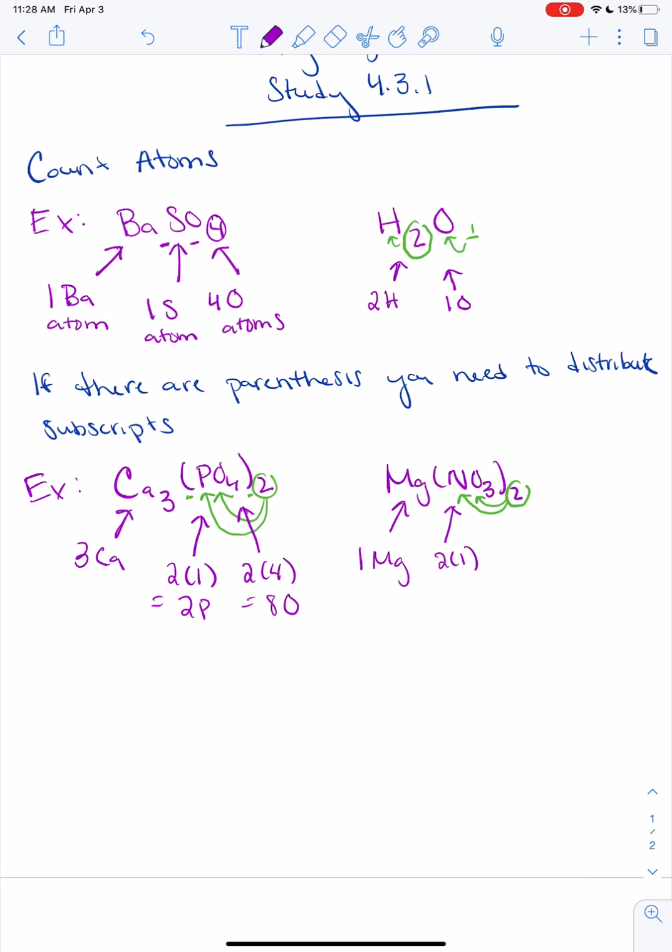So 2 times 1, you get 2 nitrogen. Now, that last oxygen would have been 3, but we have to multiply it by 2. 2 times 3 equals 6 oxygens. Okay? So this is how we count our atoms.